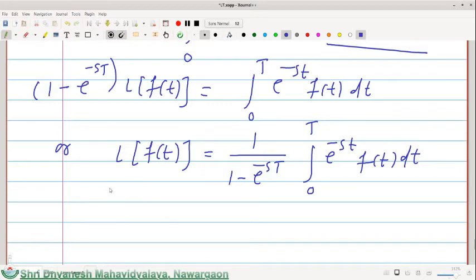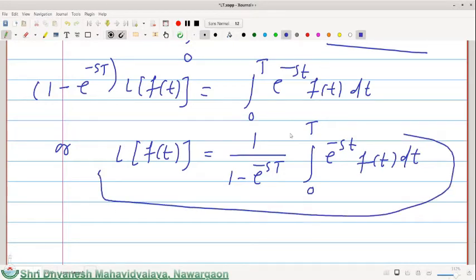Okay, so whenever f of t is a periodic function with period t, its Laplace transform is this: 1 upon 1 minus e to the power minus st times the integration 0 to t of e to the power minus st f of t dt.